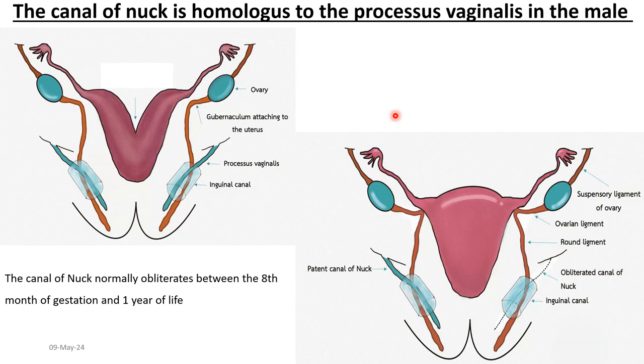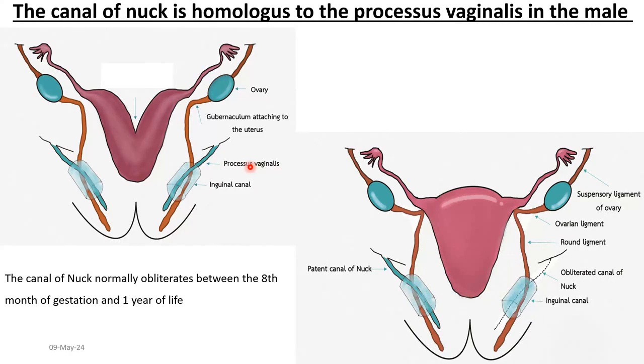Then we've said that normally, as the ovaries are being pulled by the gubernaculum, the parietal peritoneum is going to be pulled downwards, and that portion of the parietal peritoneum that will be pulled downwards to create the inguinal canal, we said it is called the processus vaginalis.